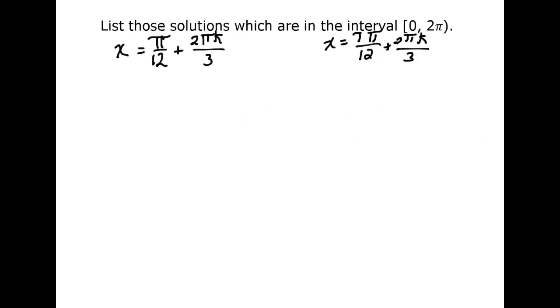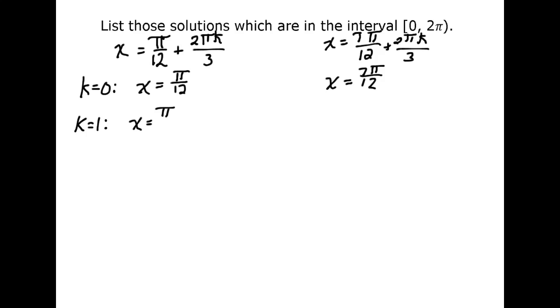So let's let the k equal 0 for our first set of answers. That would just be x is pi over 12, and x is 7 pi over 12. Then let's let k equal 1. So x would be pi over 12 plus 2 pi over 3. I'll have to get a common denominator here, so I'll multiply by 4/4.